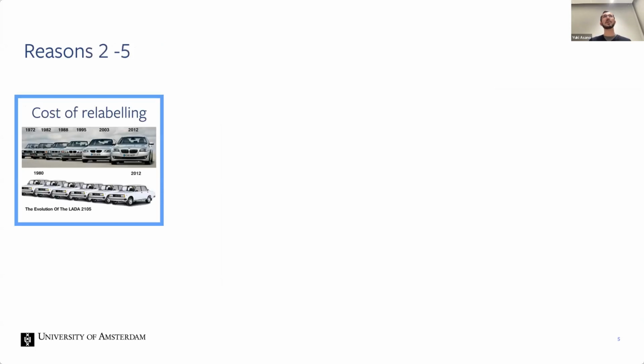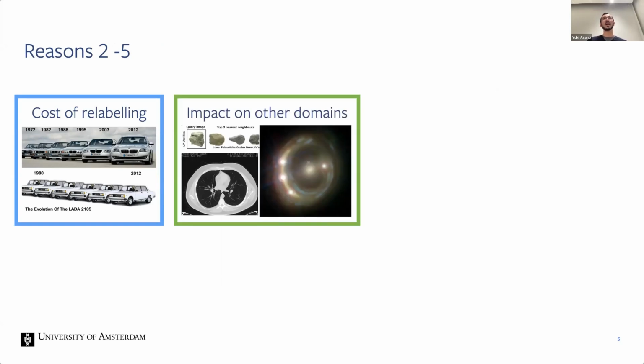There are some more reasons. Imagine if your concepts keep on moving, then you have to constantly relabel, unless you're talking about Eastern European cars. Of course, you can pre-train on all kinds of data sets, including medical, where you might not easily get labeled, annotated data.